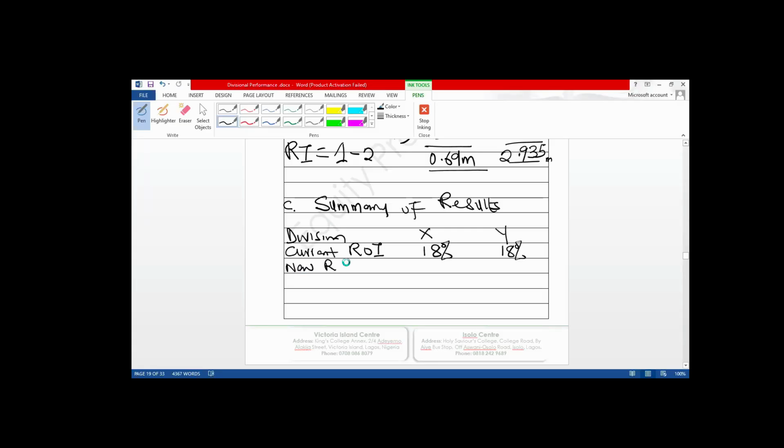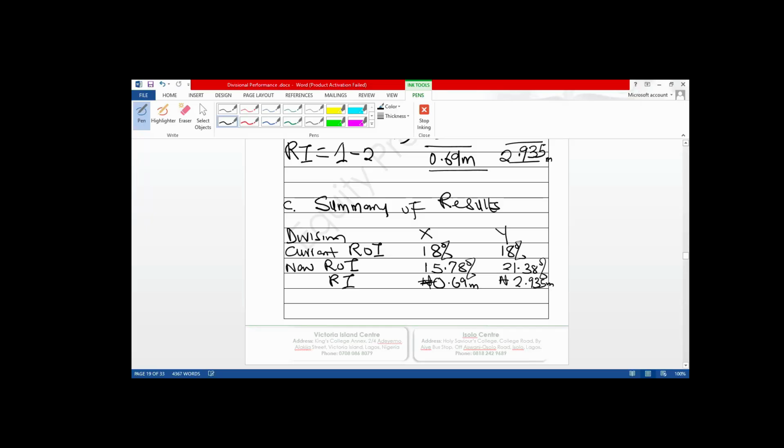New return on investment on the new projects, 15.75, 21.38. Residual income on the new projects, 0.69 million, $2.935 million.